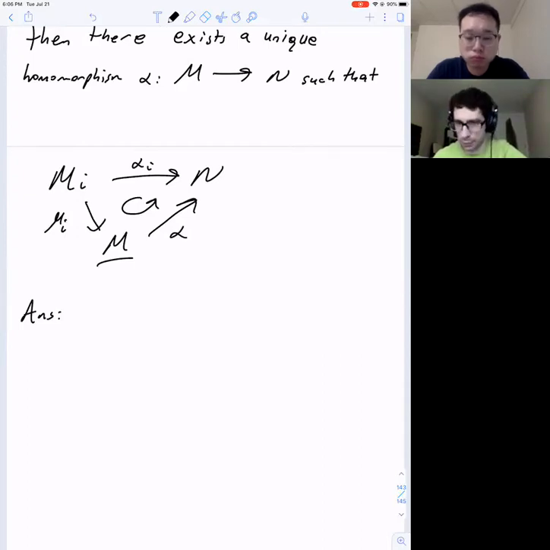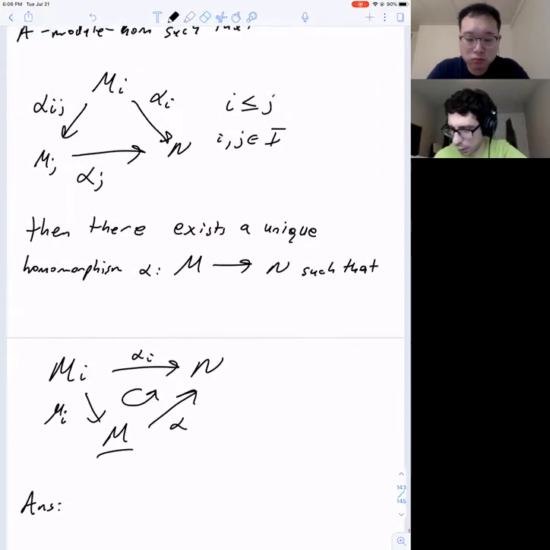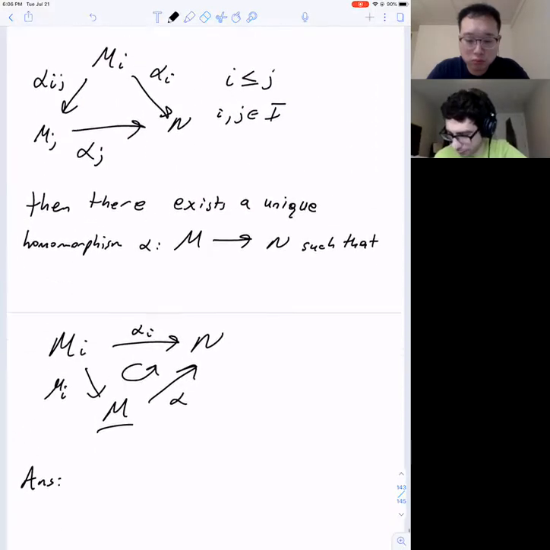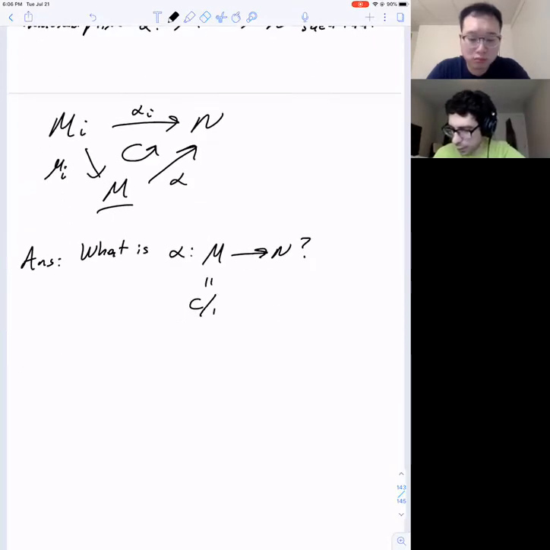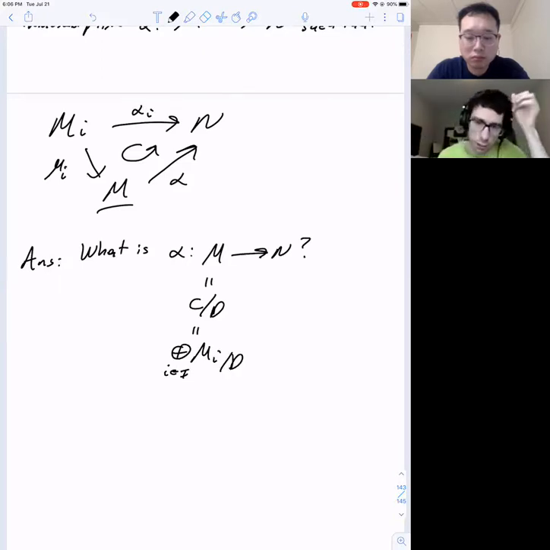So what is this map alpha on M? M, remember, like I said before, is the quotient of a direct sum.